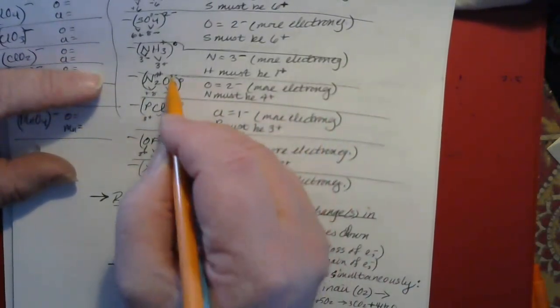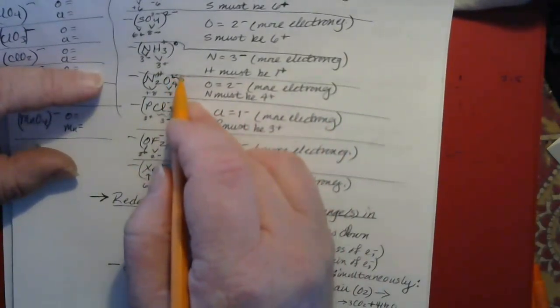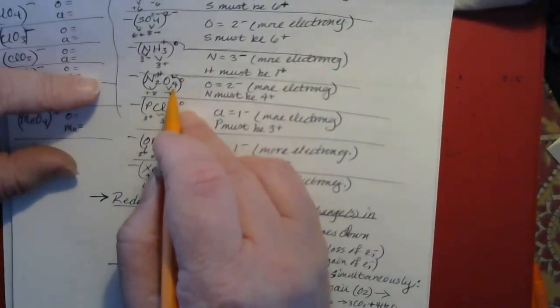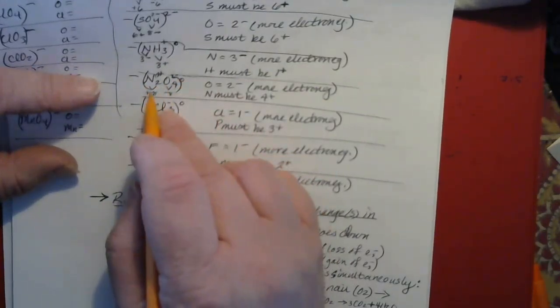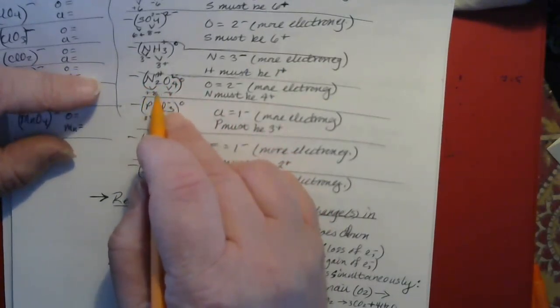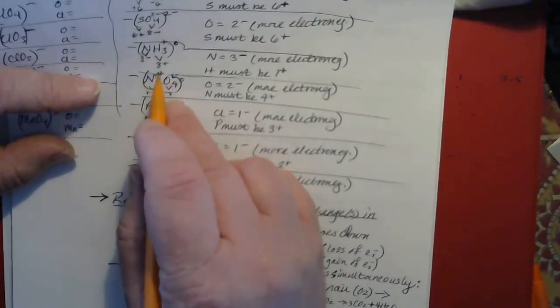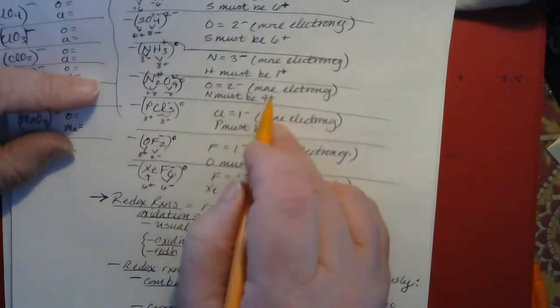So if each of the oxygens is -2, and there are 4 of them, that means -8 for the oxygens collectively. And that means the 2 nitrogens have to bring it up to 0, so the 2 nitrogens together must be +8. But there are 2 nitrogens, so that would leave them to be +4 each, because that's just 8 divided by 2. So nitrogen is +4.